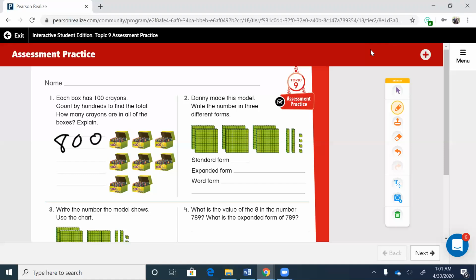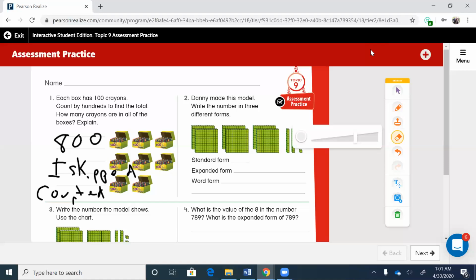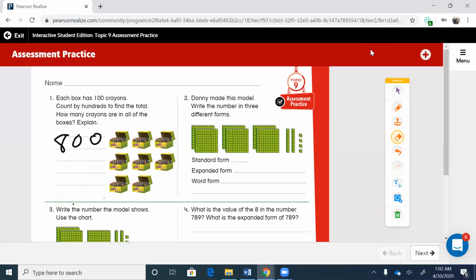All right, I skip counted. Oh, that looks terrible. Let me fix that. I'll do a text box instead.